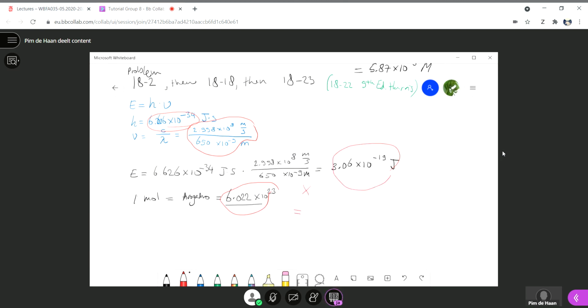Then we get the joules. It was per mole, right? Yes, it was per mole. Okay.